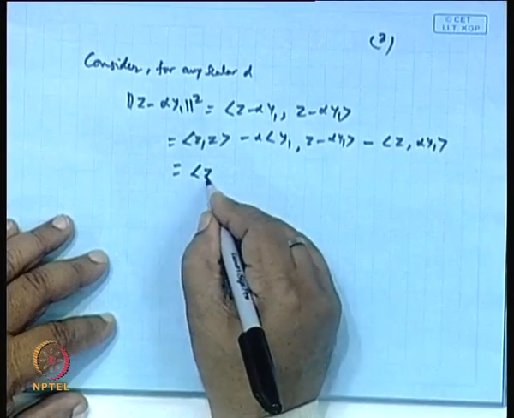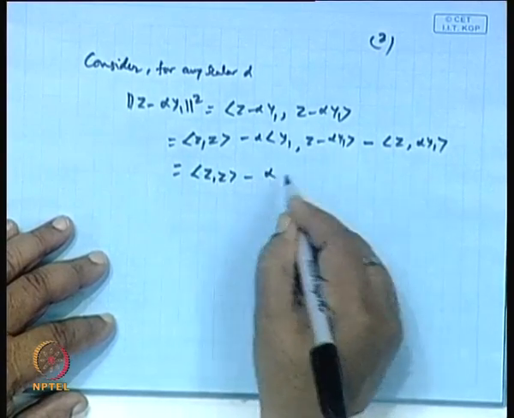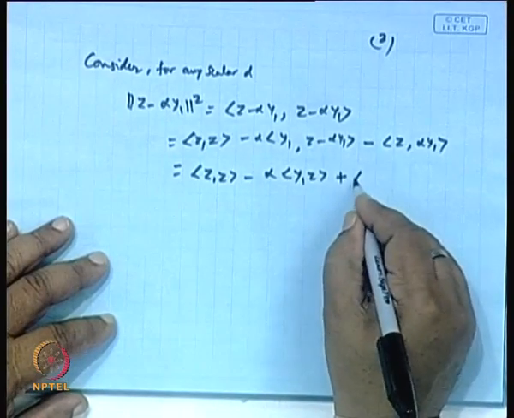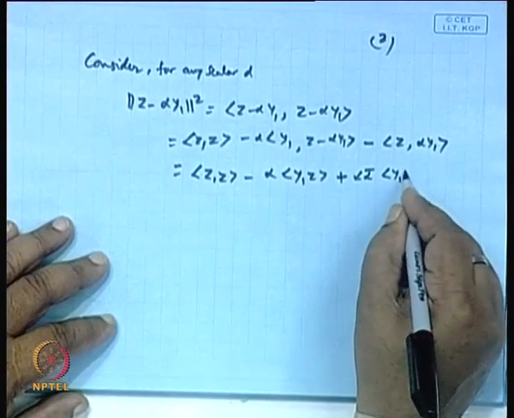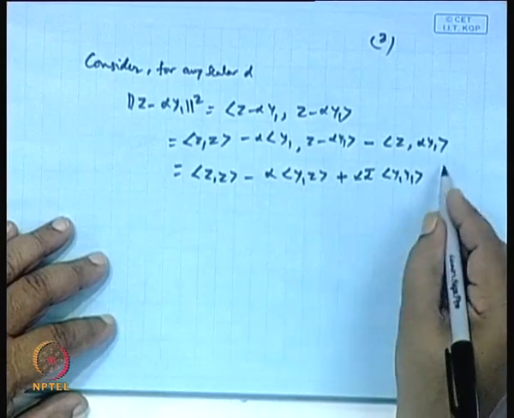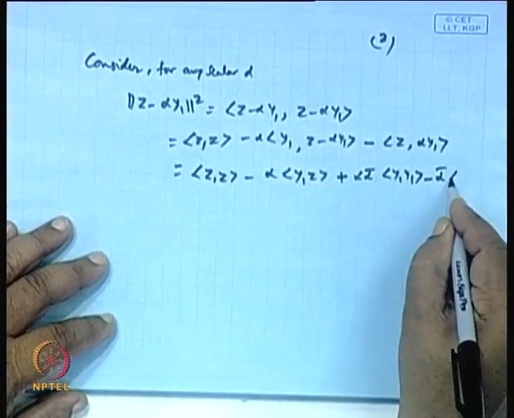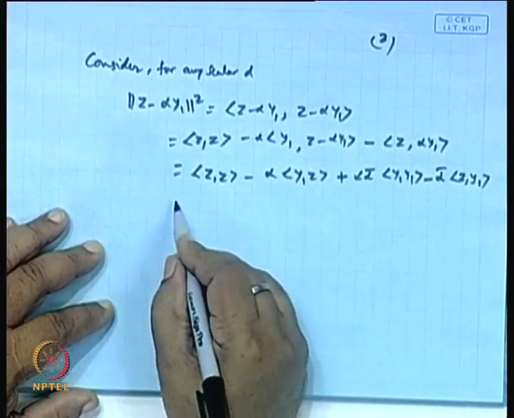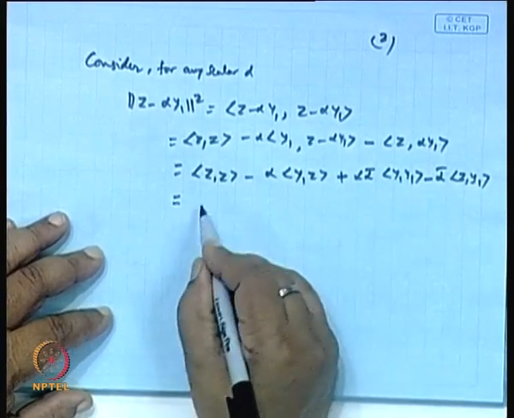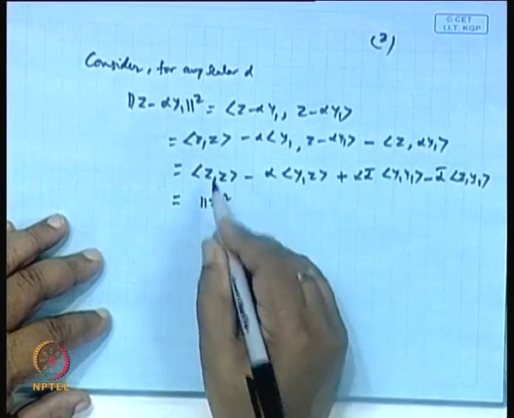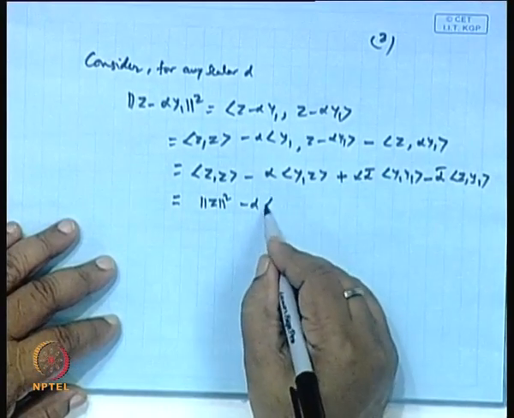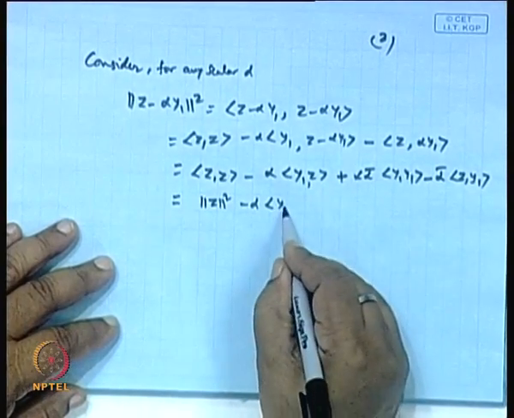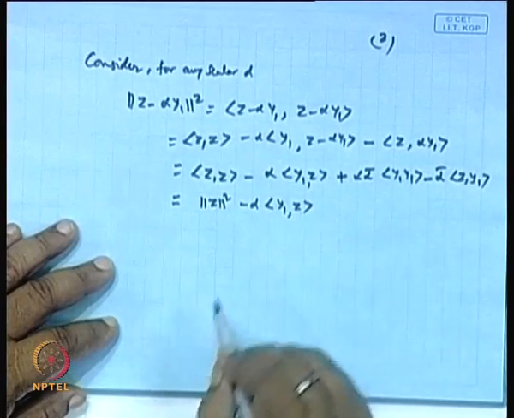So, Z Z minus alpha y1 Z, minus alpha bar inner product of Z y1, plus alpha alpha bar inner product of y1 y1, or this can be written as the norm of Z squared minus alpha times the inner product of y1 comma Z, is it okay?